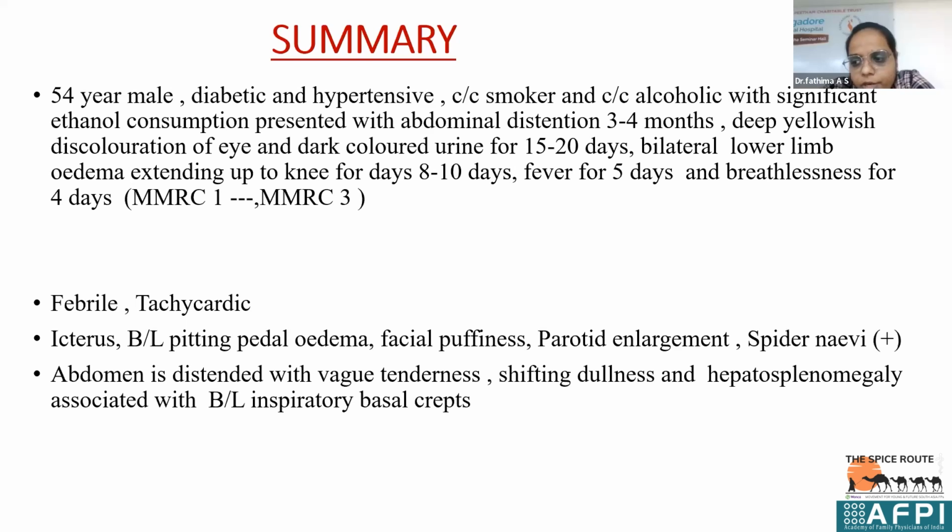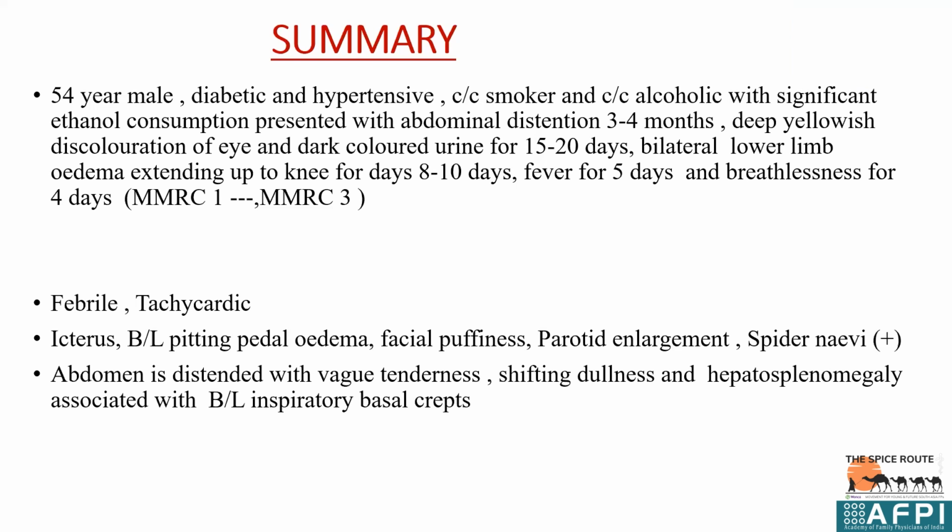Yes, sir. On examination, the patient had jaundice and hepatosplenomegaly. Jaundice will not say cirrhosis; jaundice can be anything else. What are the physical signs of cirrhosis? Sir, liver cell failure signs will be there. Yes, that's what I want to know.